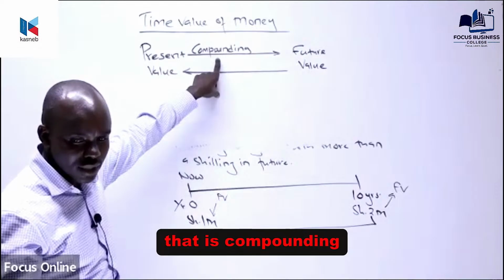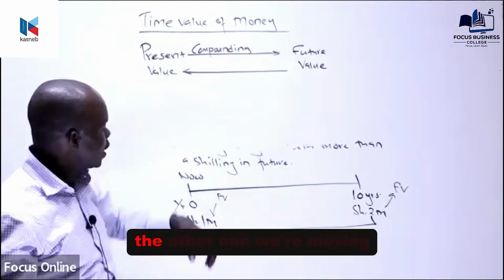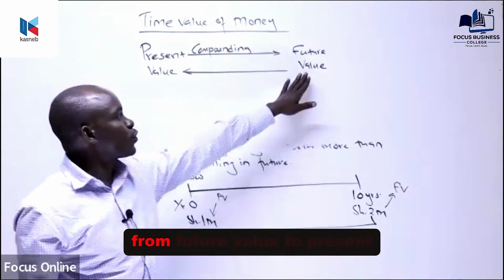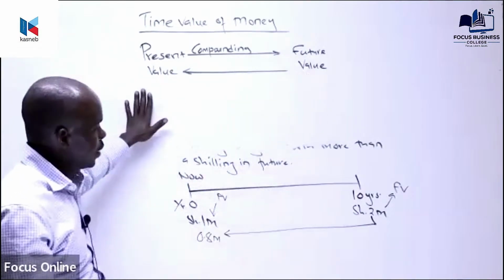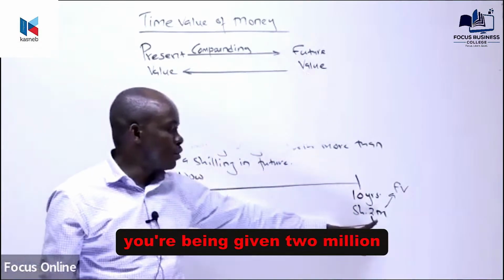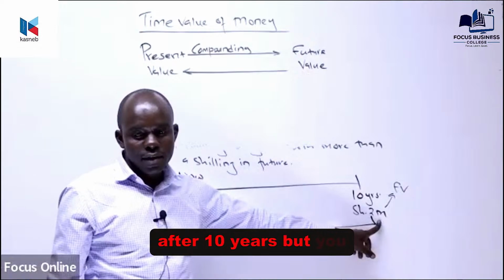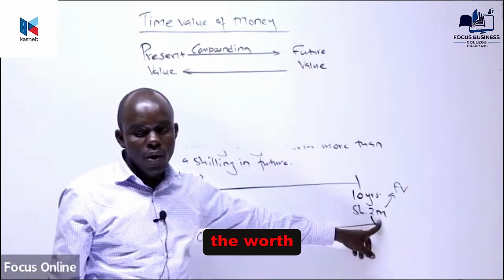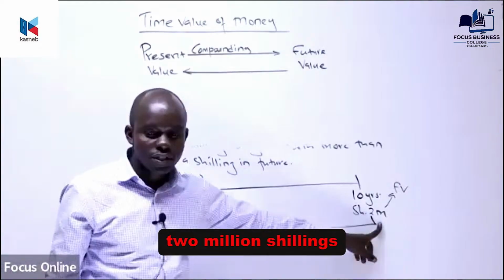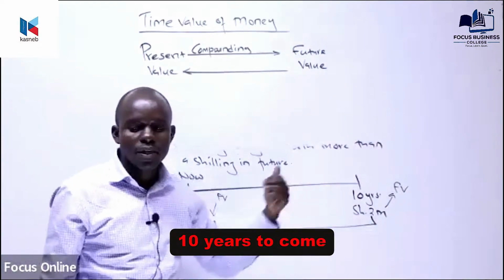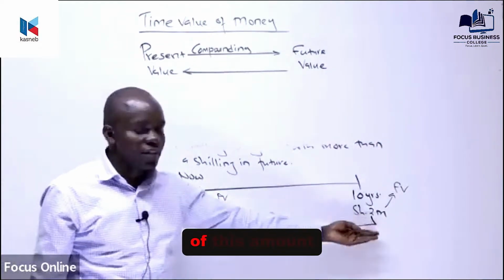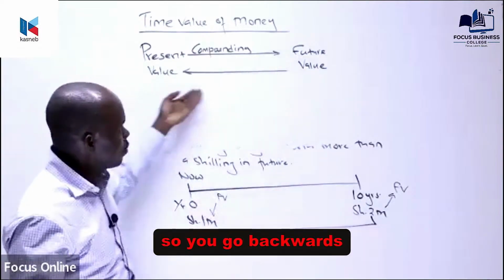The other one, we are moving from future value to present. Like in this case, you're being given 2 million shillings after 10 years. But you want to know what is the worth of 2 million shillings 10 years to come? What is the present value of this amount? So you go backwards.